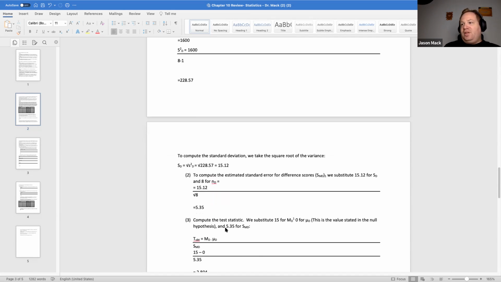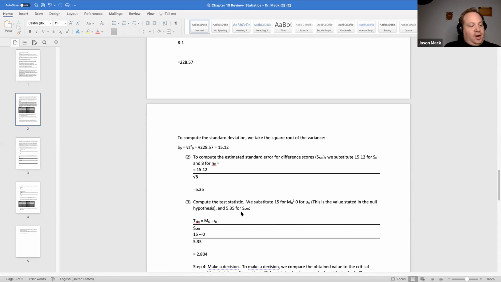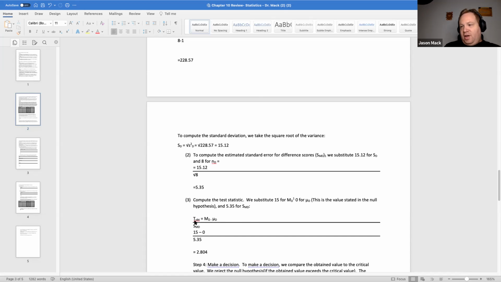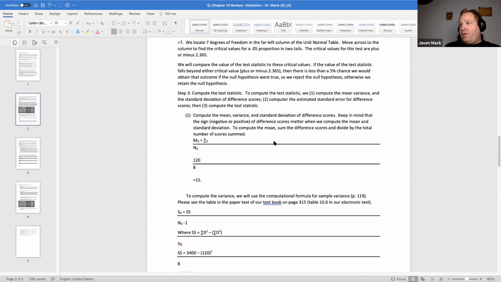So next we want to compute the test statistic. So we substitute 15 for the mean difference, and 0 for the mean difference stated in the null hypothesis, and 5.35 for the standard error for the difference in scores, SMD. So we take the t obtained value, because we were trying to figure out what the t obtained value is against what we already found over here, okay?